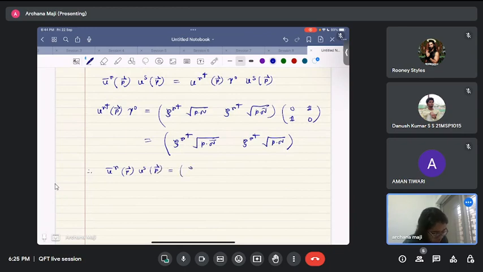Okay, so that normalization U bar U turns out to be square root p dot sigma bar times square root p dot sigma, and U s is square root p dot sigma.